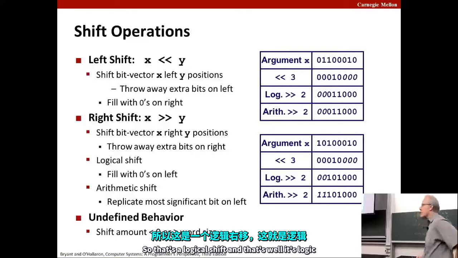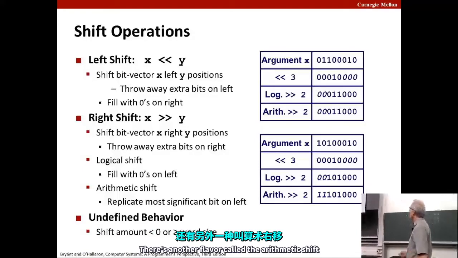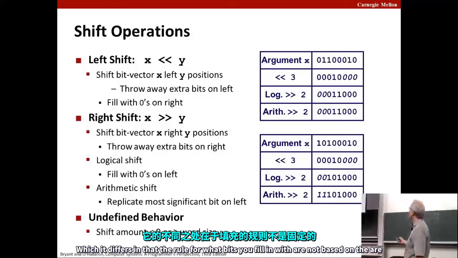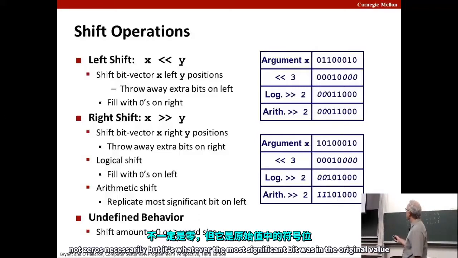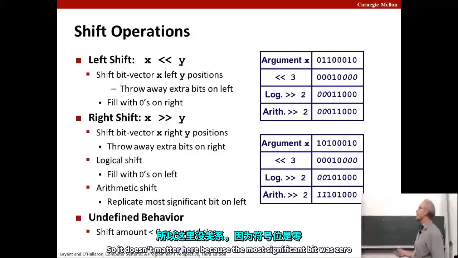So that's a logical shift, and, well, it's logical. There's another flavor called the arithmetic shift, which differs in that the bits you fill in are not necessarily zeros, but whatever the most significant bit was in the original value. It doesn't matter here because the most significant bit was 0.